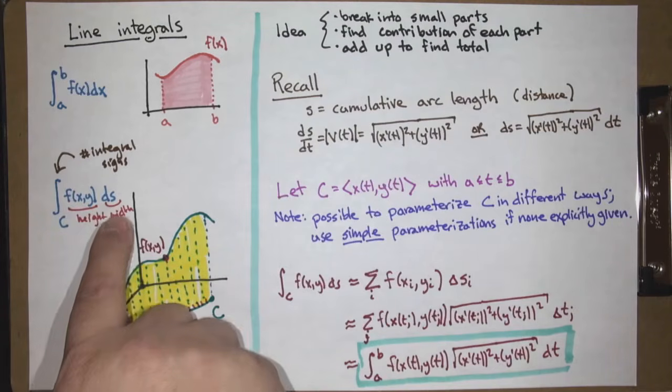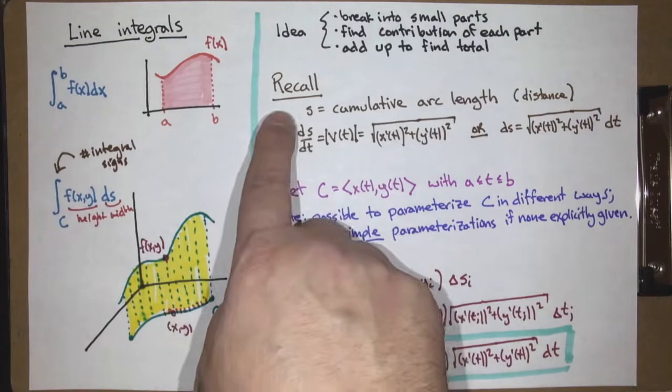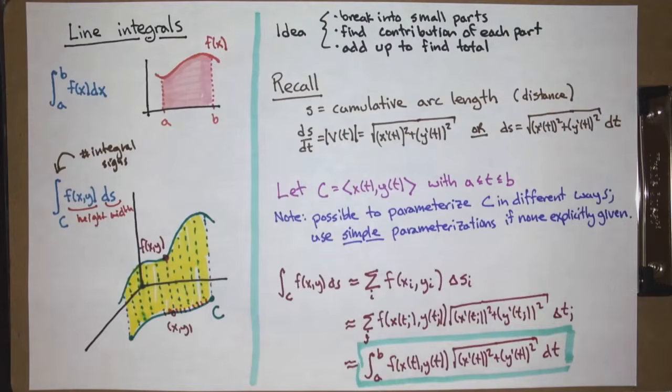So our width. Well, S, we've talked about S way back. It was just before the first exam. So S stood for cumulative arc length, or if you like, cumulative distance. So that was what S was. Now, how do we find it?